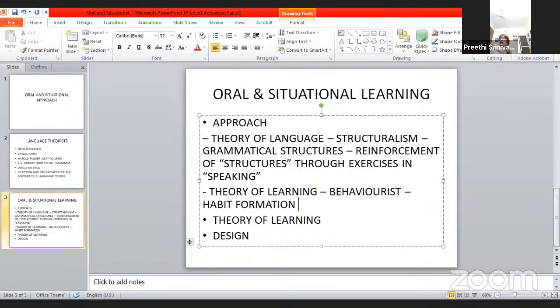So by making them repeat structures, like, Ram ate an apple. Jill ate an orange. So the same structure is used just by replacing a noun, the name of the boy or girl, the person who ate, and what they ate. But the structure remains the same.